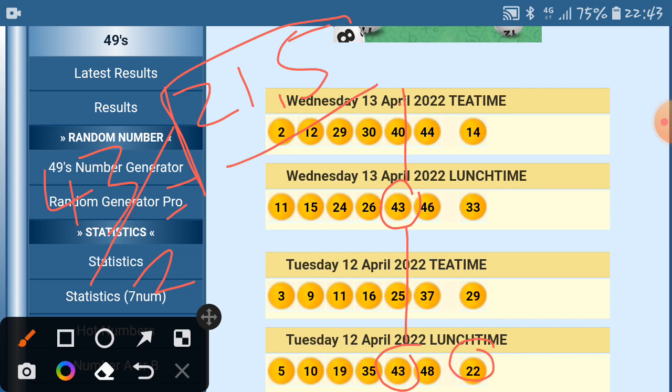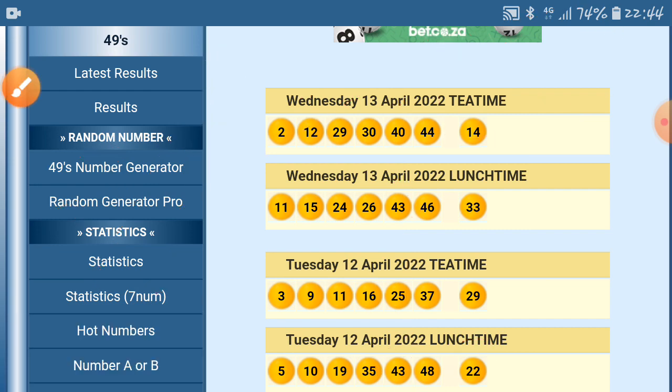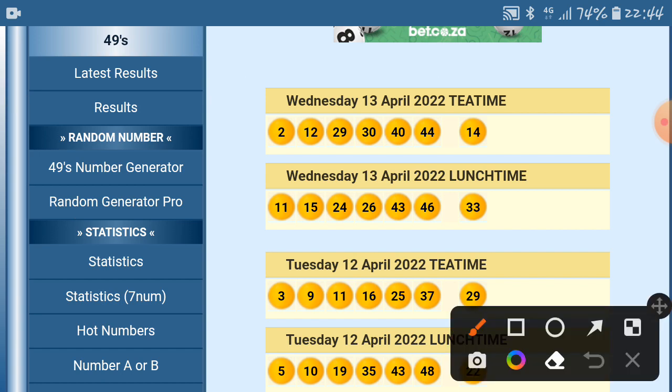So we can confidently play 21 and 23. These are the numbers that we can get from the number repeat. So from the number repeat, you're getting 21, right? You're pairing it with 4, 1, 45, 48, and 49.